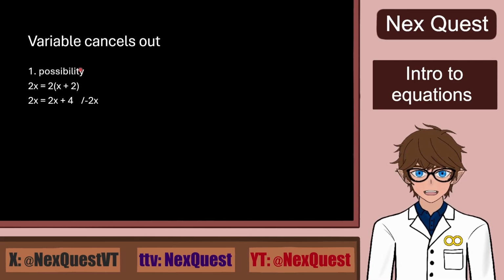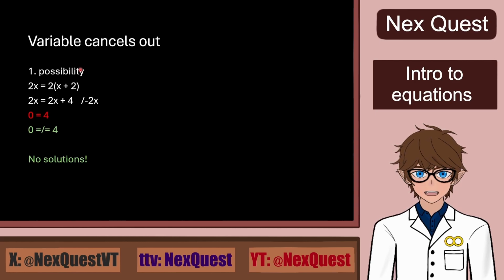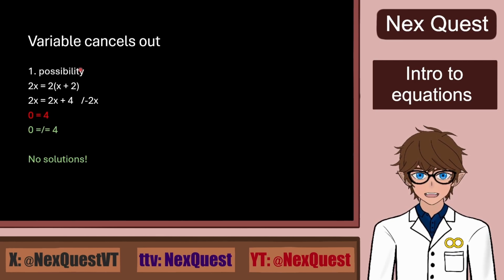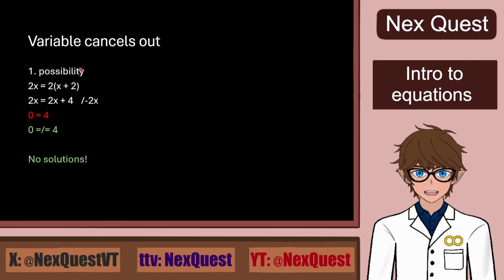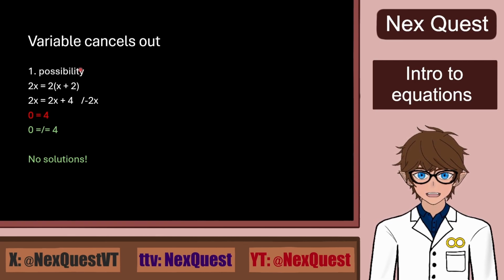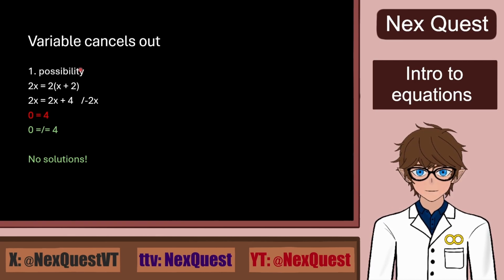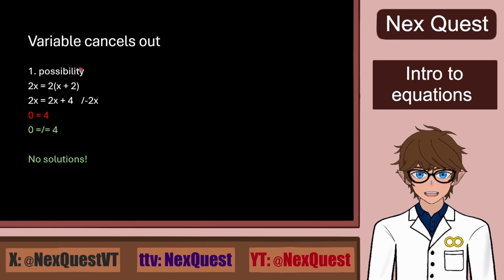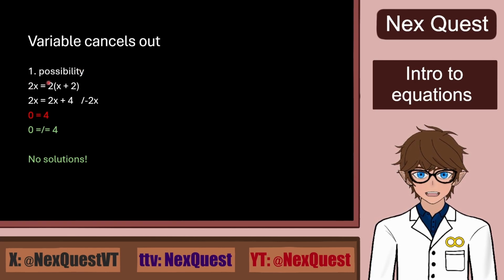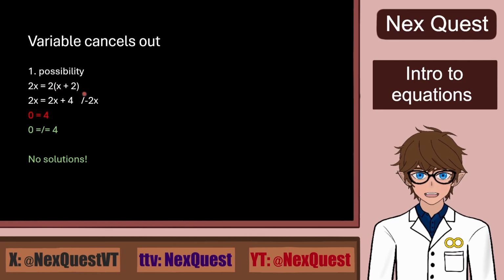We subtract 2x on both sides, and we get 0 equals 4. However, 0 cannot equal 4. That just doesn't make any sense, meaning that there are no solutions, because whatever you put in as x, it doesn't influence the outcome of 0 equals 4. Meaning, for this equation of 2x equals 2 times x plus 2, there is no solution.